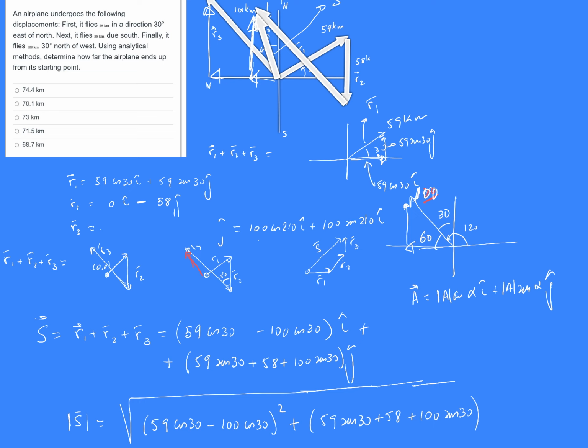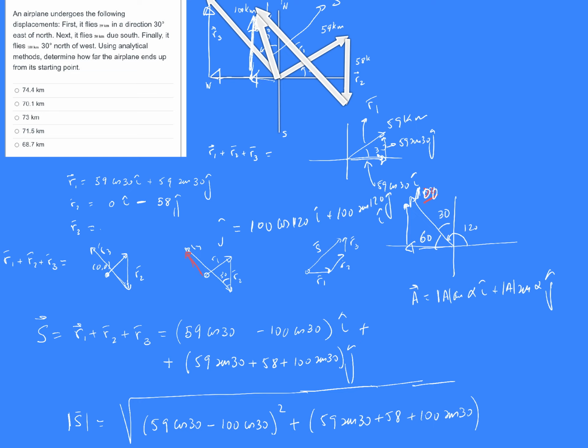Well, I found the vector A. The vector A is 100. I found the vector R3. The vector R3, if I use the 100, will be 100 cosine of 120 i plus 100 sine of 120 j.